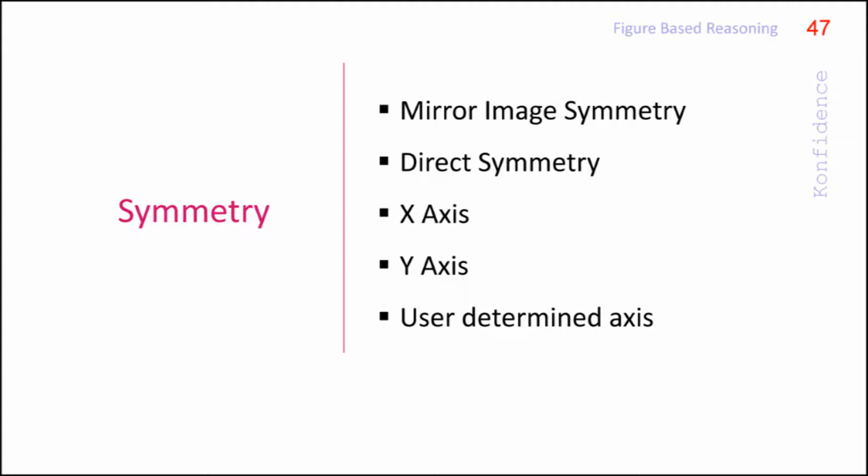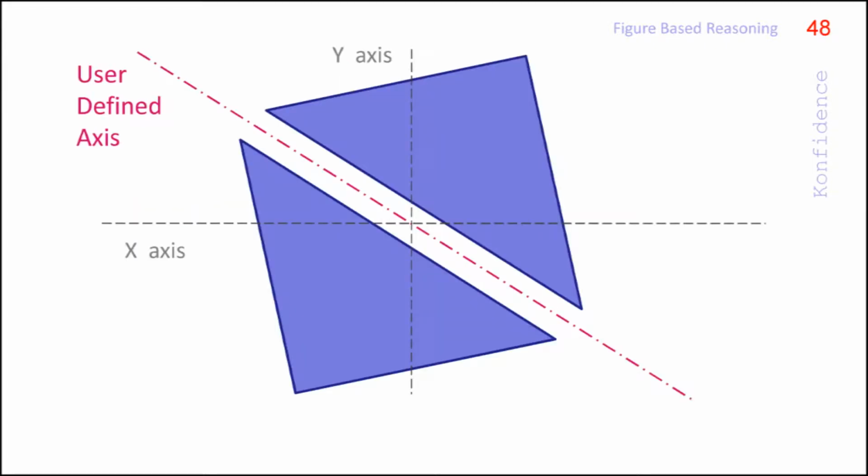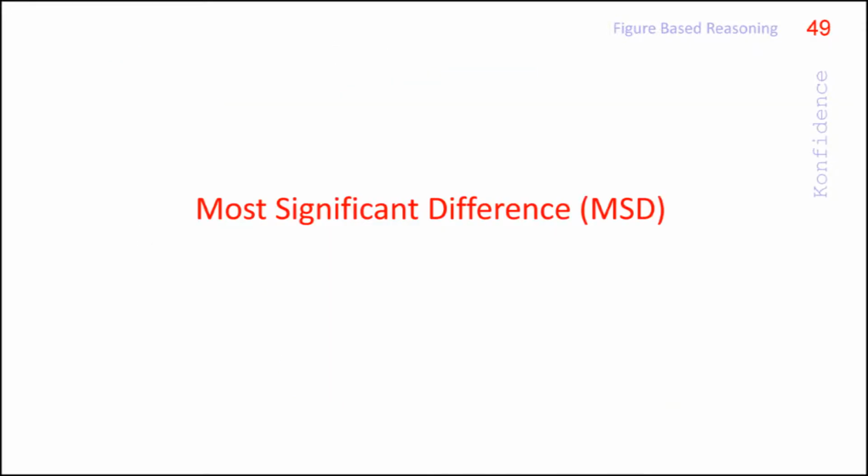You've become professional in analyzing symmetry. Look at the figure. It is pretty obvious that there is no symmetry across the x-axis or the y-axis. It is equally obvious that the picture is symmetric. So, it is symmetric across what? That axis is what is shown in the picture. That is an example of user-defined axis.